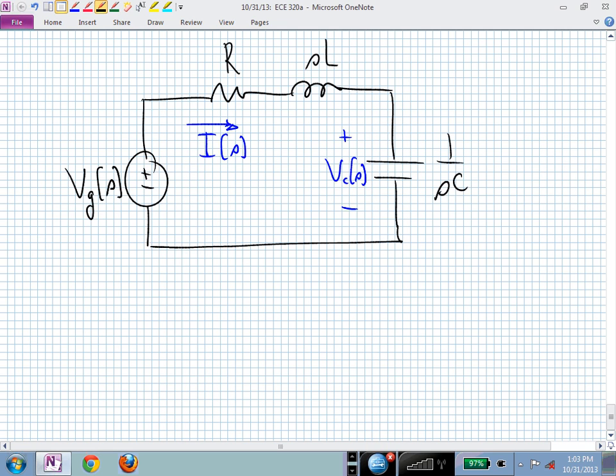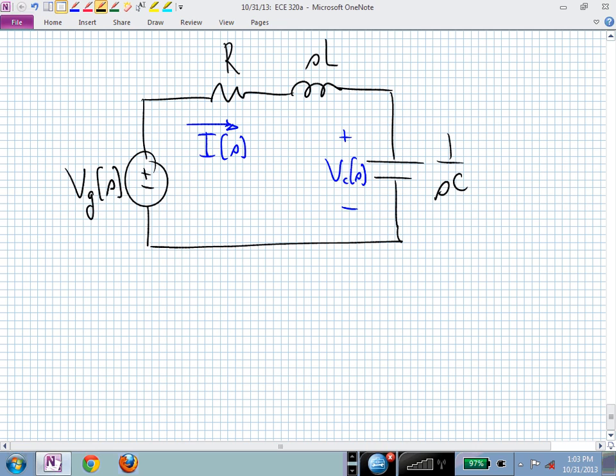All of these circuit elements are associated with generalized impedances, which are just glorified resistors, except now these resistors are variables or functions of frequency. That's where the S's come in, and we just keep track of the S and it all takes care of itself.